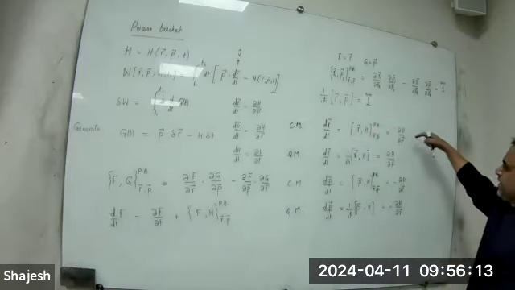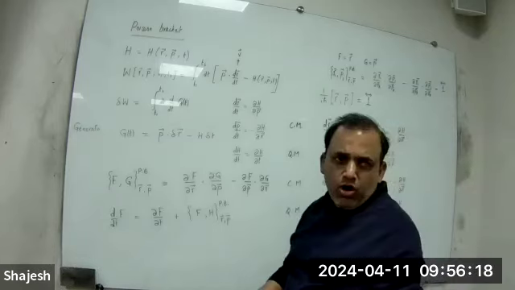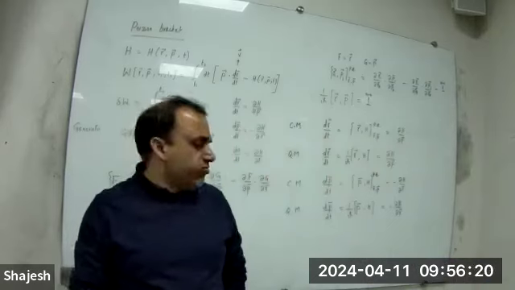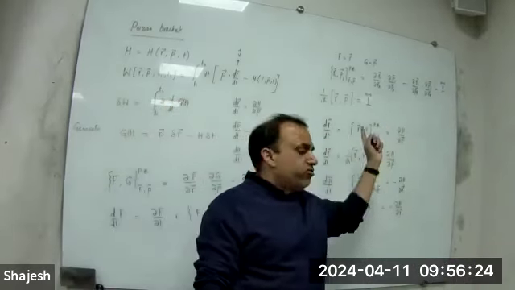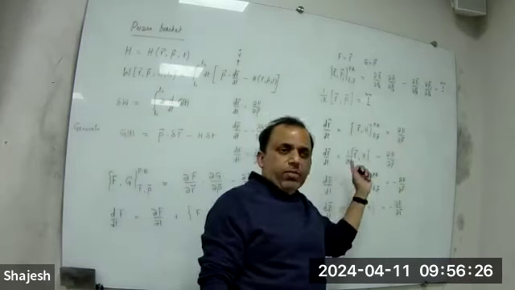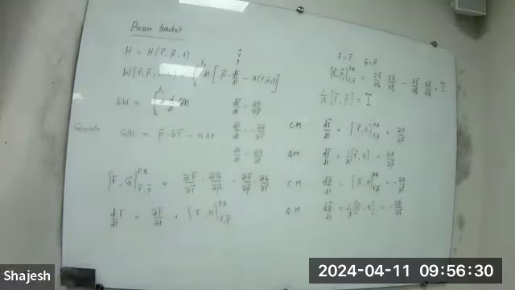Again, I should highlight that Hamilton's equations of motion are still valid in quantum mechanics. There is no change at all. The only thing that has changed is that the Poisson bracket has become a commutation relation.